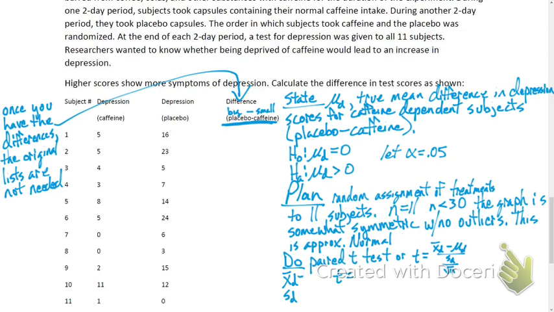So x bar D is 7.3636. Sd was 6.9177. T was 3.5304 with 10 degrees of freedom.